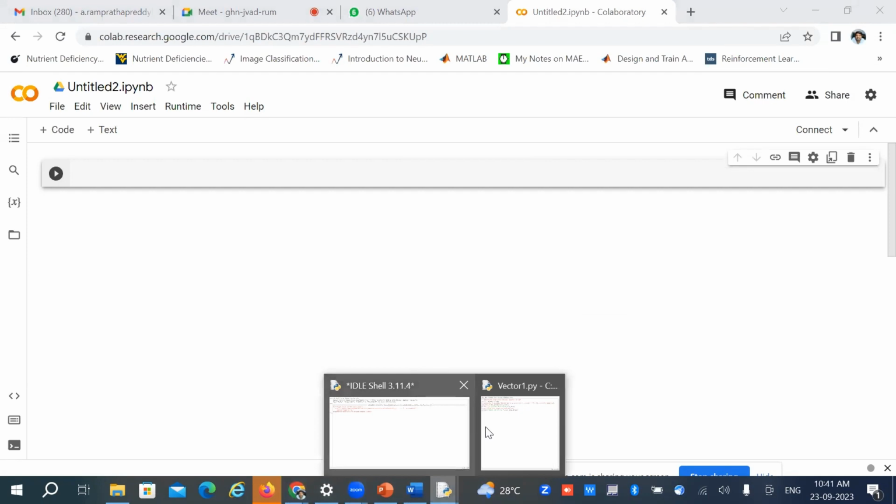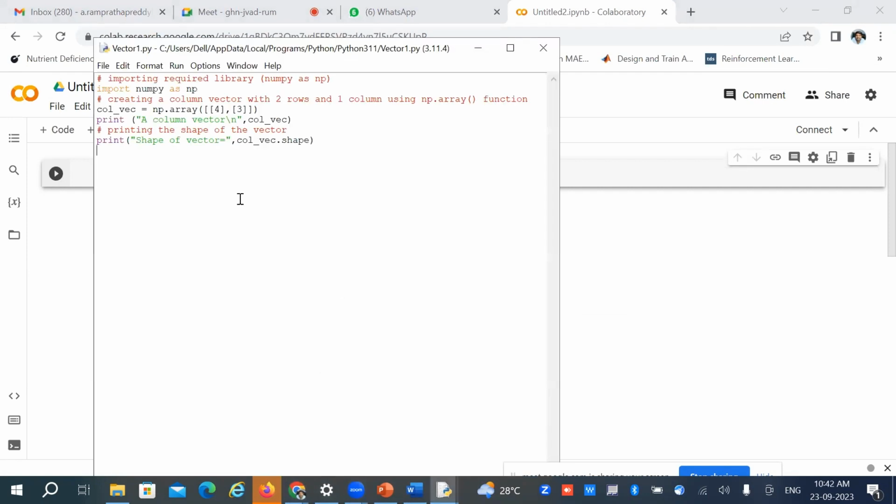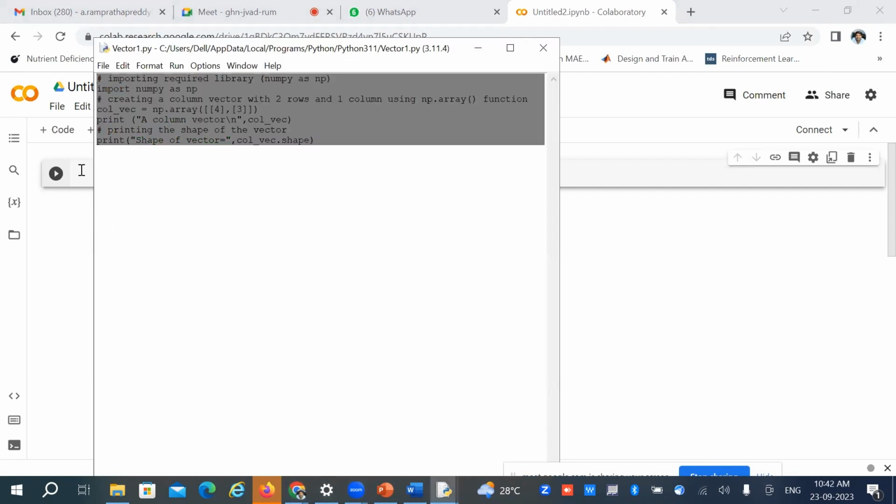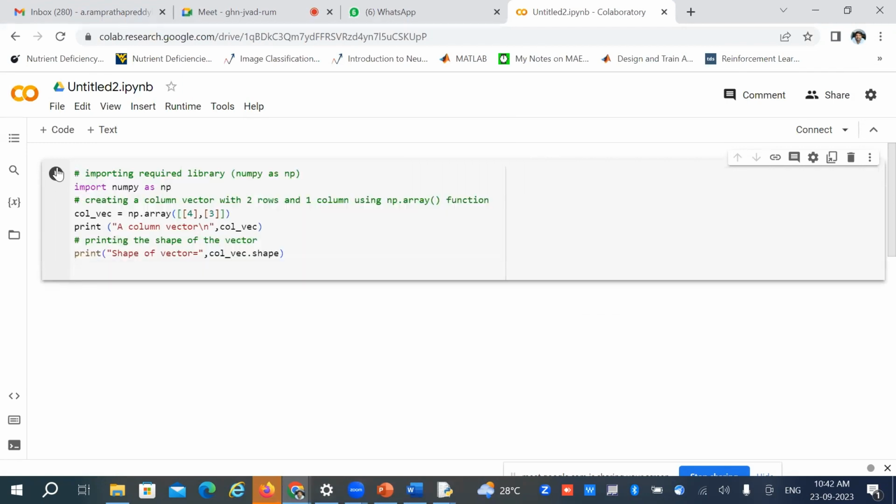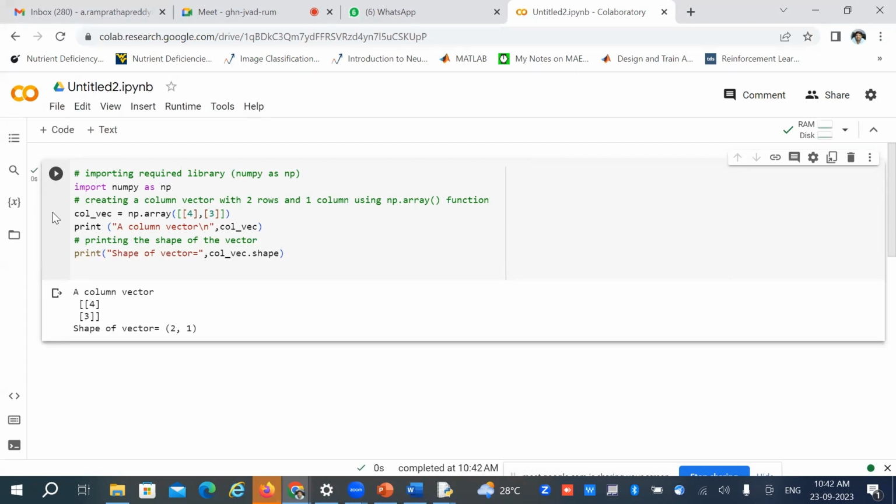So now I'm using this code in my Colab. See here, it has created a column vector.